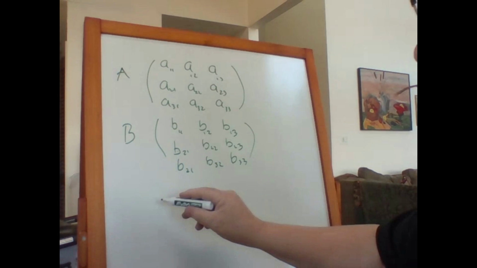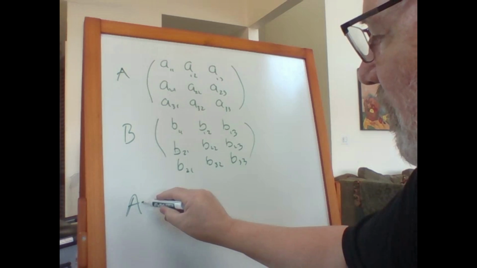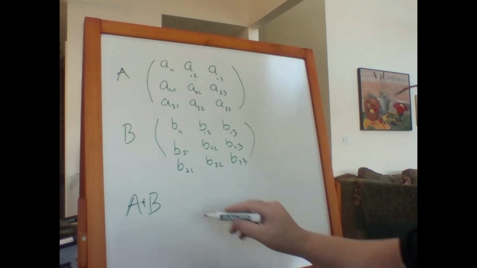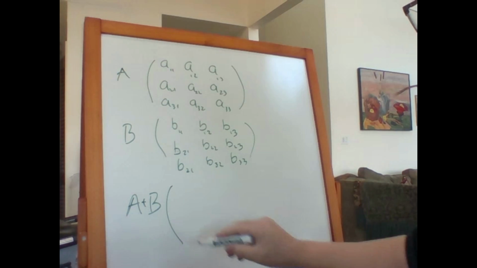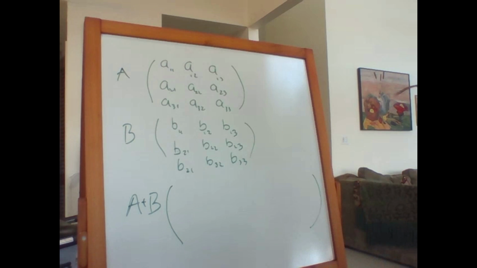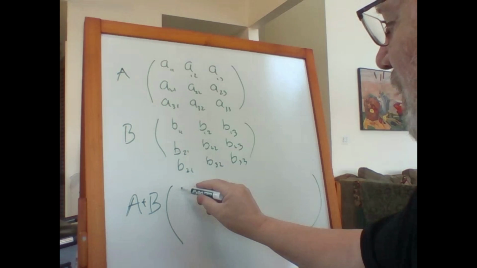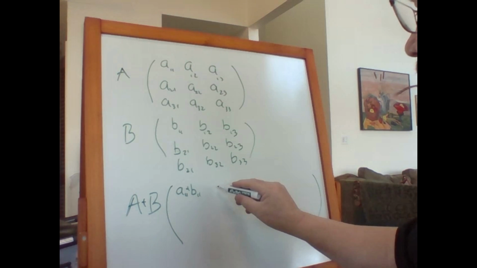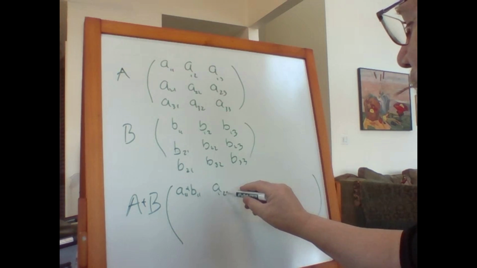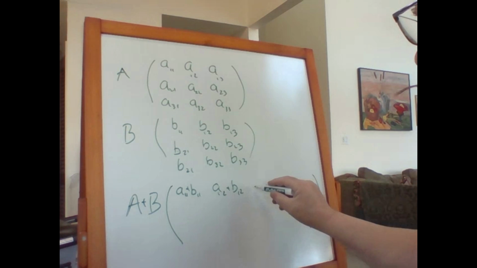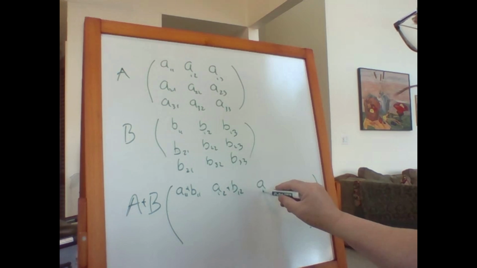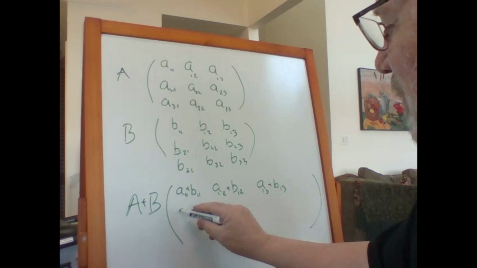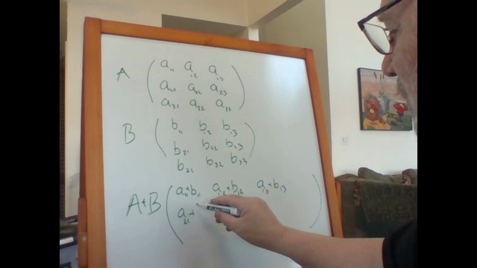What if we want to add A plus B? Well, like vectors, we add like components. So this is going to be a little large. We got A11 plus B11. Second position, A12 plus B12. And A13 plus B13. And we have that all the way through.